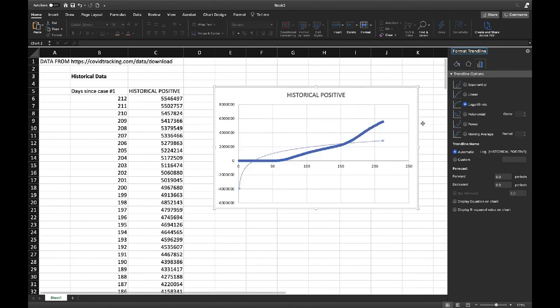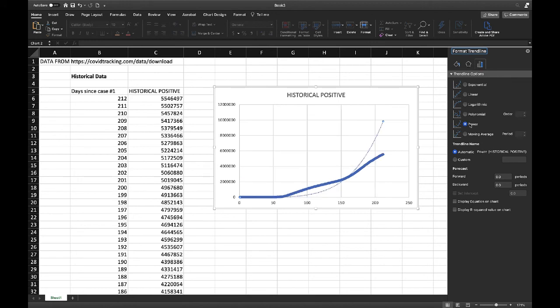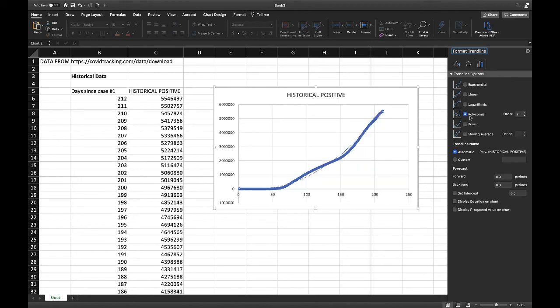Logarithmic is one that levels off. Unfortunately for us at the moment, on August 21st, 2020, it does not look logarithmic. This is what you would hope it would look like. This is what it looks like in Europe. It does not in the US. The ones that tend to fit best, because they're a little bit more complicated, are a polynomial or a power. You can see in this case the polynomial fits very nicely.